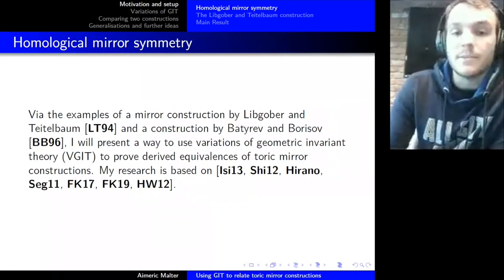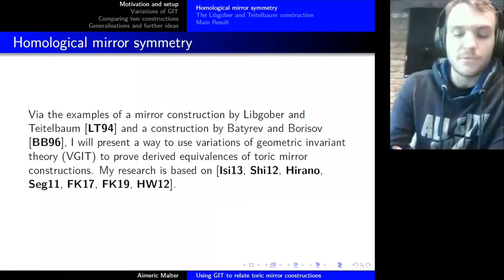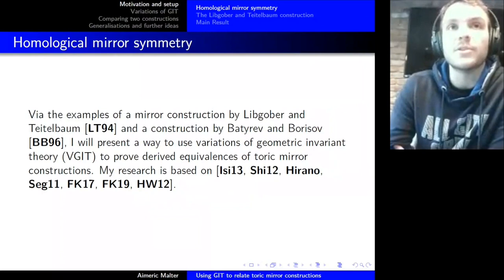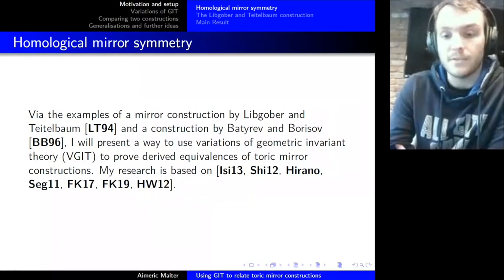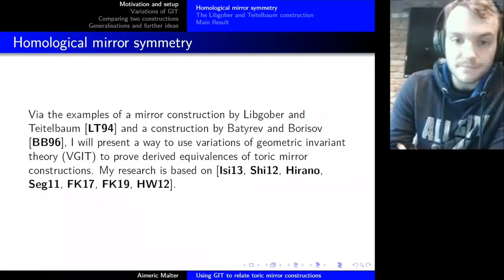And the other is the Libgober-Teitelbaum construction, which was a paper coming out in '94, where they just proposed a mirror candidate, and it's more or less a unique case. They don't give a construction of it. The research is based on many papers by Isik, Schiepmann, Hirano, Siegel, Favero-Kelly, and Herbst-Bacher.